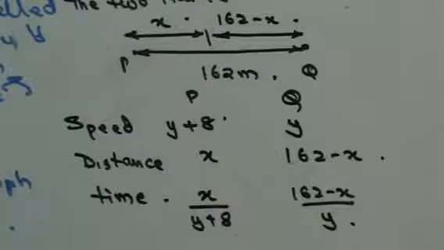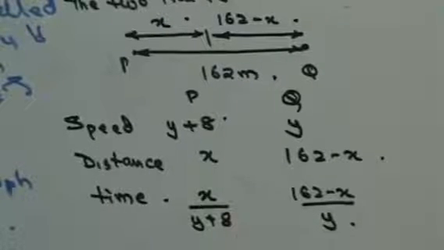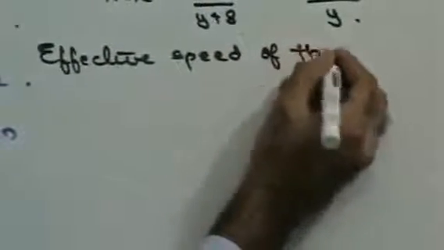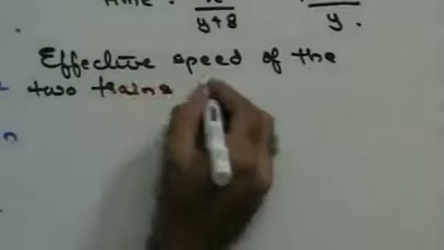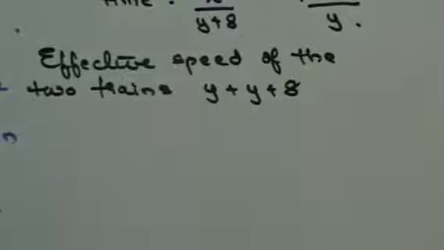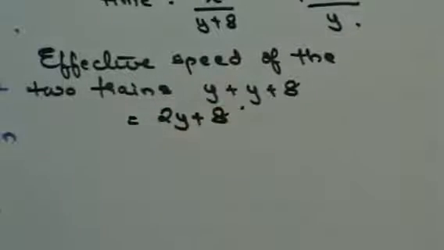In that case, what is the effective speed of the two trains? One train is traveling at a speed of y, the other is traveling at a speed of y plus 8. So the total speed is 2y plus 8.